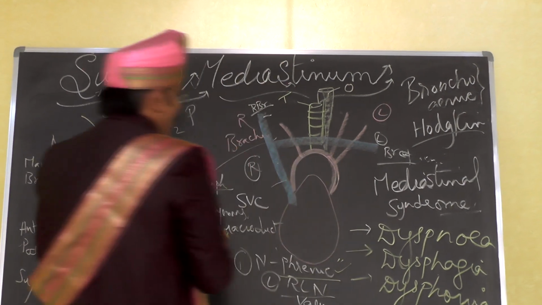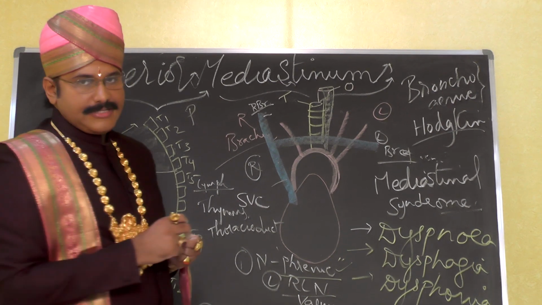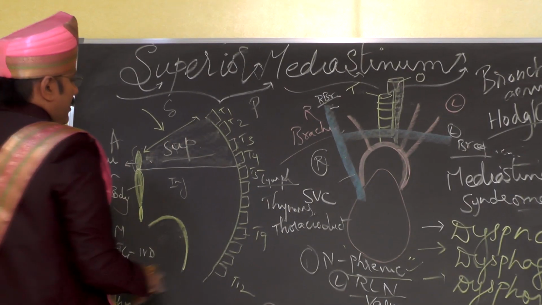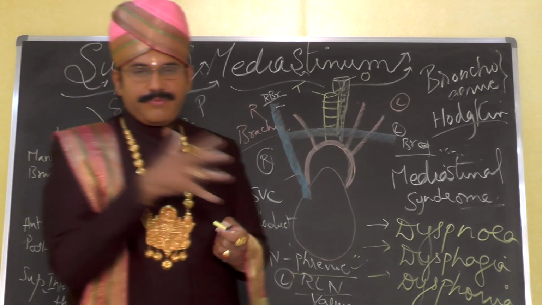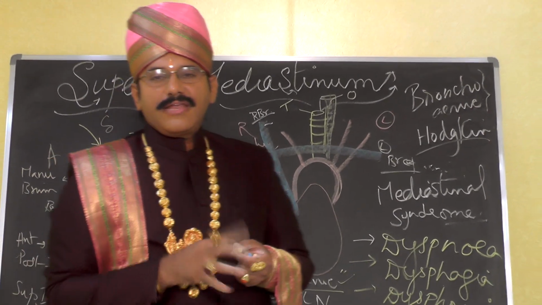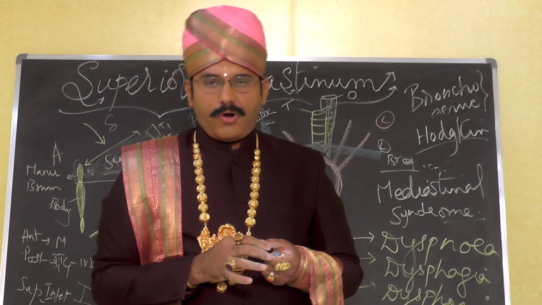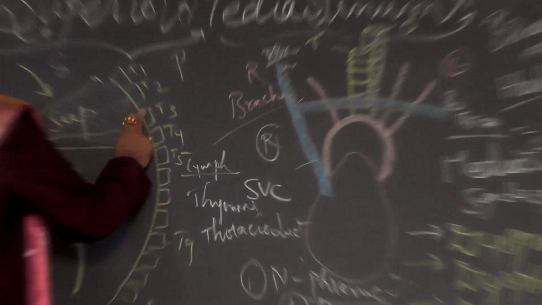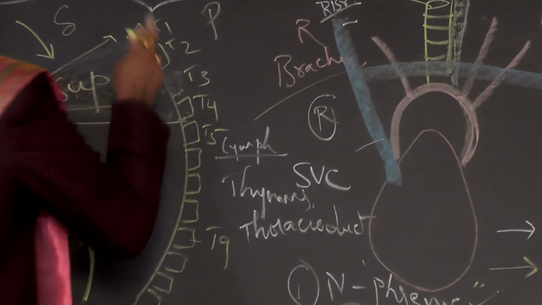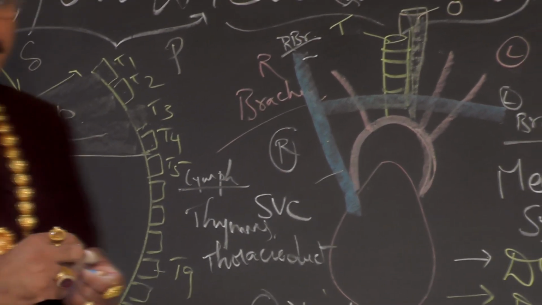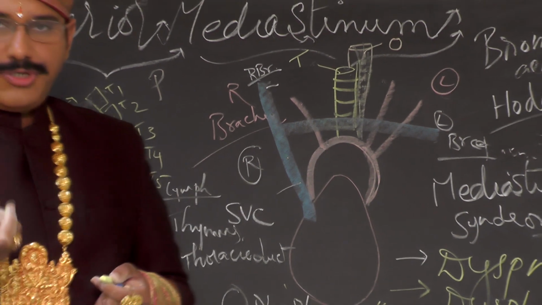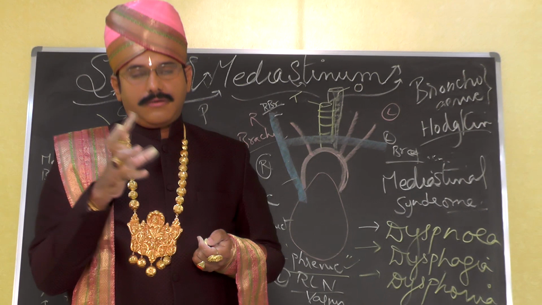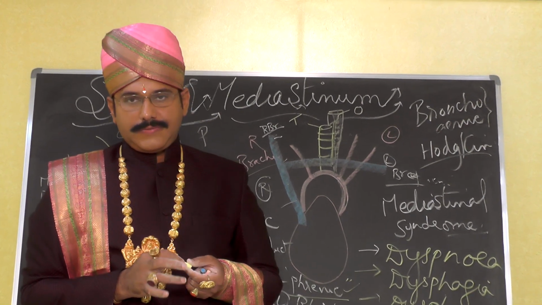Are you understanding? And imagine the lesion is compressing the vertebral column, one of the vertebrae, then there will be erosion of the vertebral body. If you see the normal vertebral body which is like this, slowly it will be eroded because of the continuous compression caused by the tumorous growth.